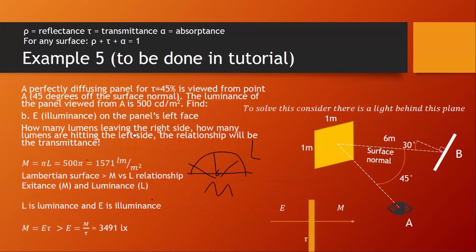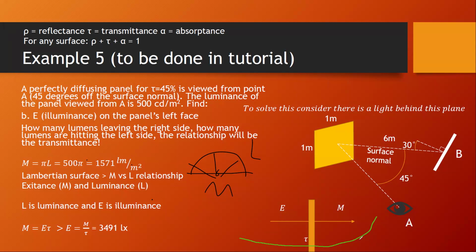The next question is this. You're looking for illuminance on the panel's left face. To solve this question, you need to assume something is hitting the back of this panel, and there's a tau involved, and there's something leaving it called M. So you've got E, M, and tau.